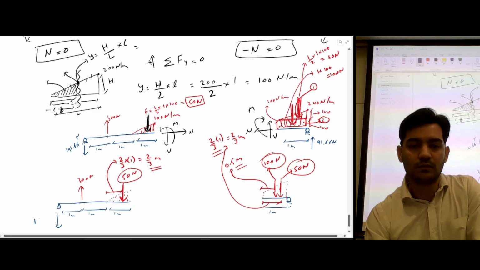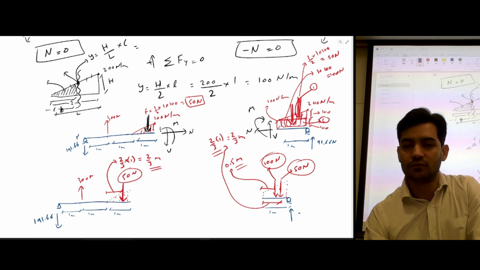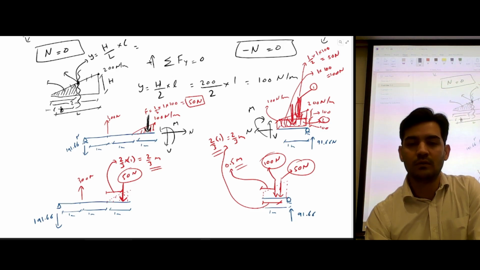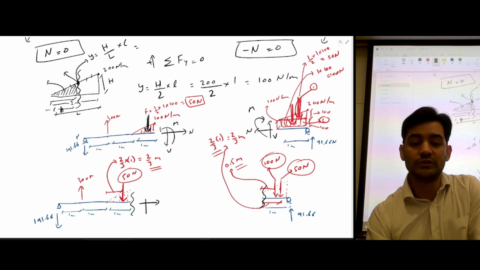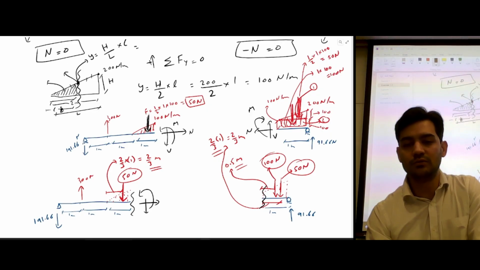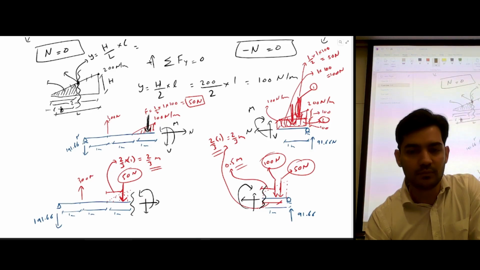This was our reaction force, and this was our reaction force here. We did a section cut here, so we exposed the internal loads. These are the directions I'm always going to use.